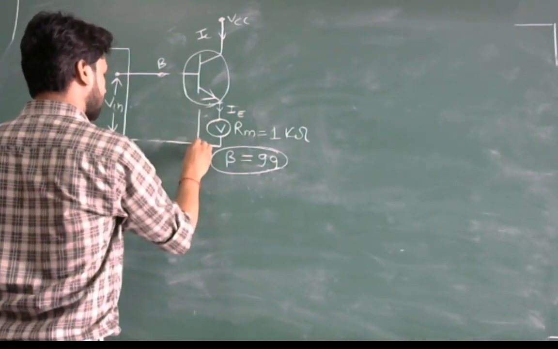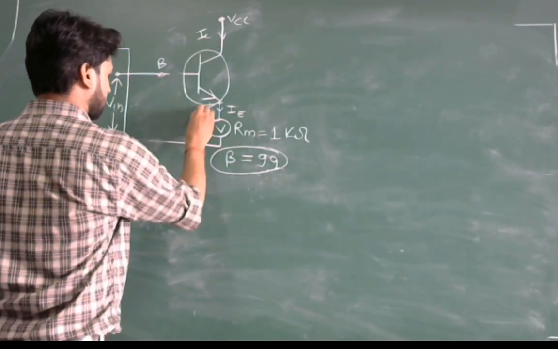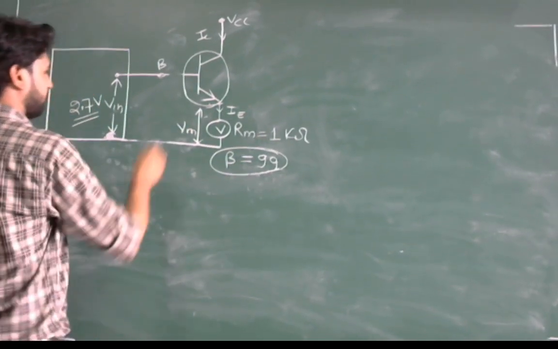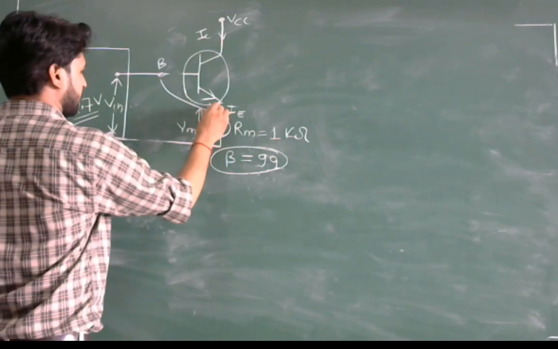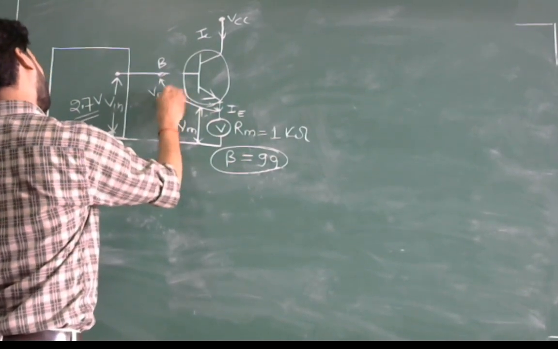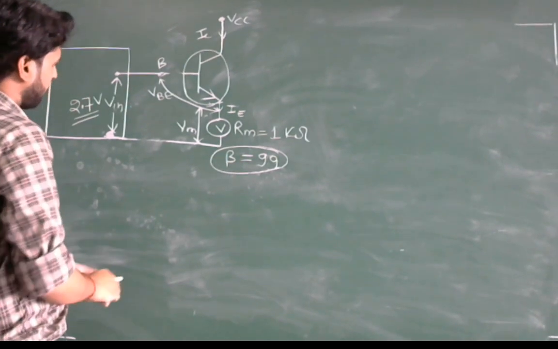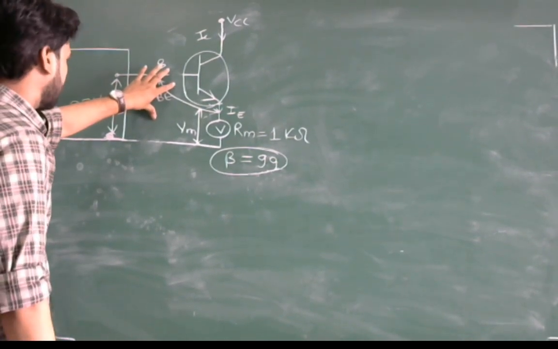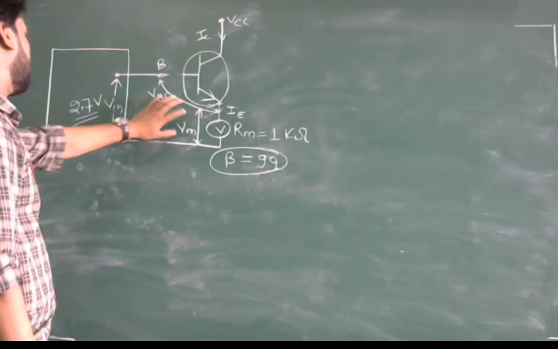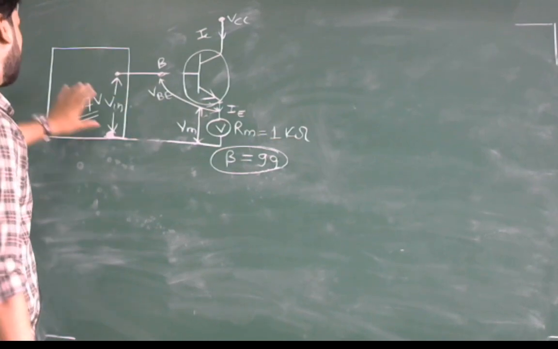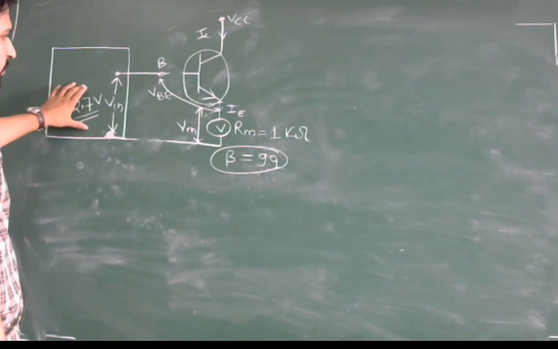We have to measure this voltage across the voltmeter, Vm. We know this voltage is VBE, so there is a voltage drop across the base emitter terminal. We can get the value of Vm by subtracting this VBE from the input voltage of 2.7 volt.